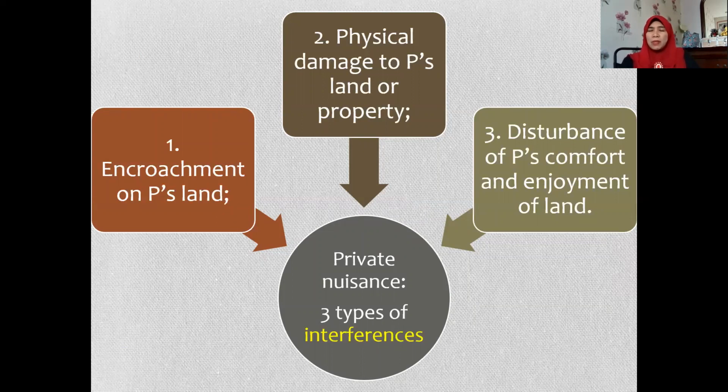And number 3, I think the most common one, is disturbance of the plaintiff's comfort and enjoyment of land. So it relates to comfort and enjoyment of the land belonging to the plaintiff. That's basically the types of interference, which means that this kind of interference might happen and then it falls under private nuisance, in which the plaintiff can take action against the defendant.